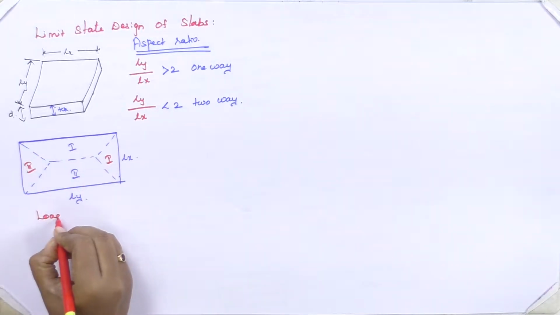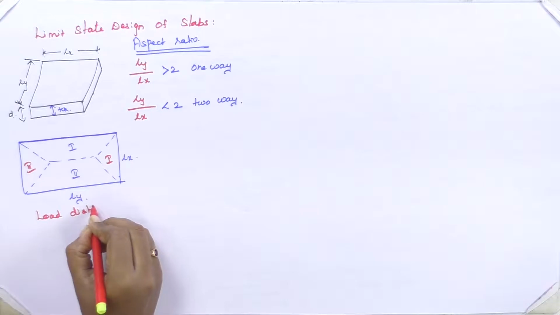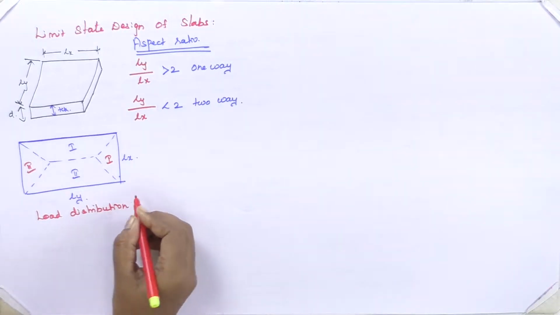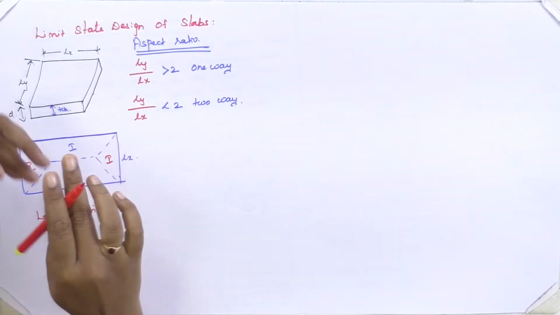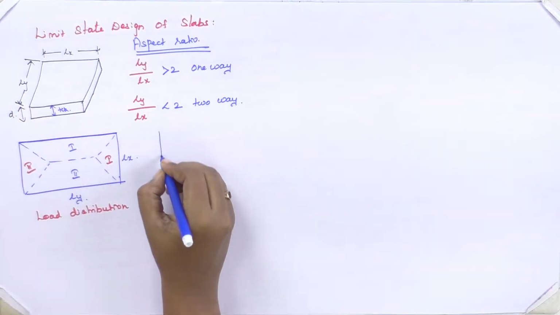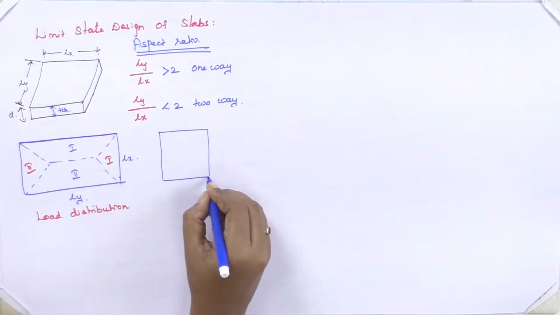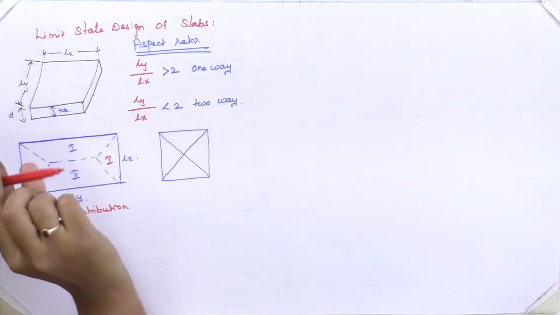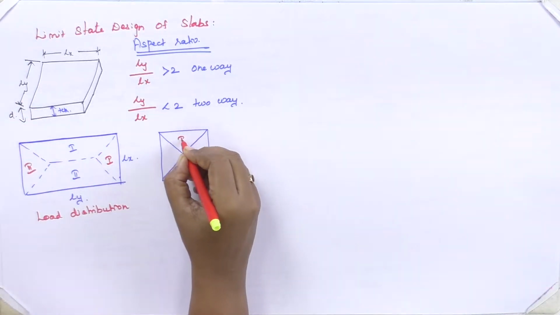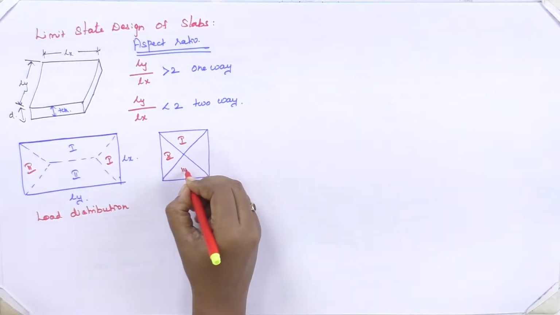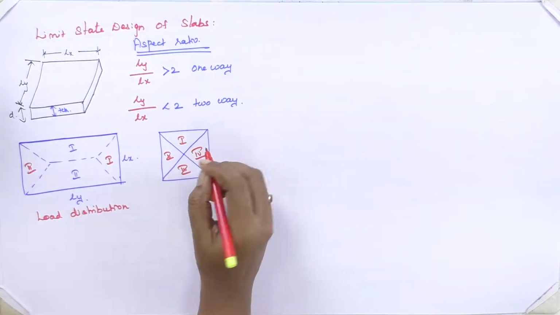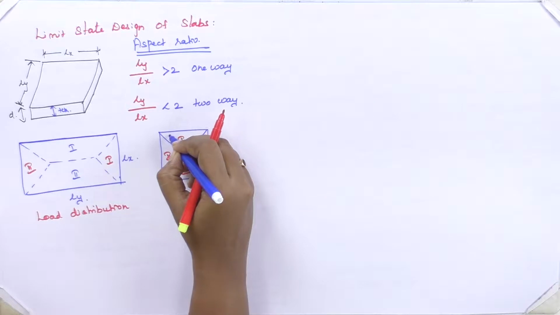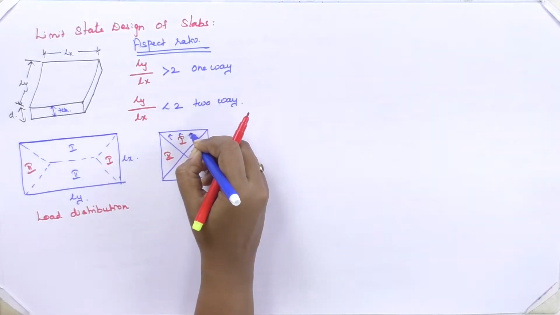So the load distribution pattern for one-way slab is like this. For two-way slab, the load distribution pattern will be 1, 2, 3 and 4. It is separated into 4 triangles, and in this manner the load is transferred.